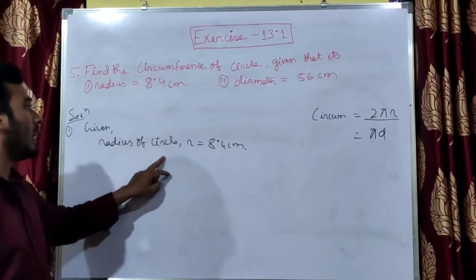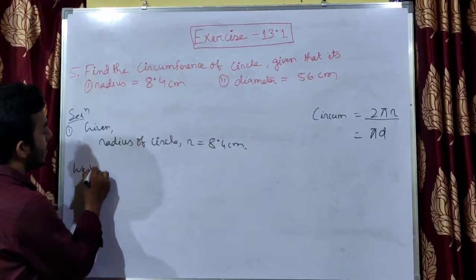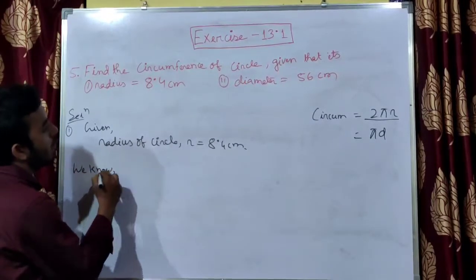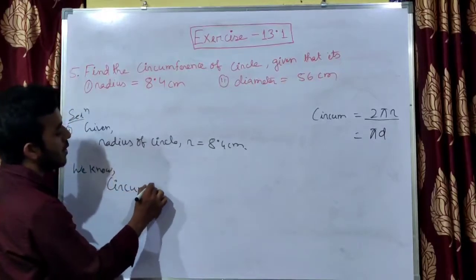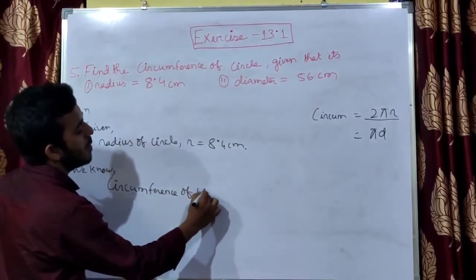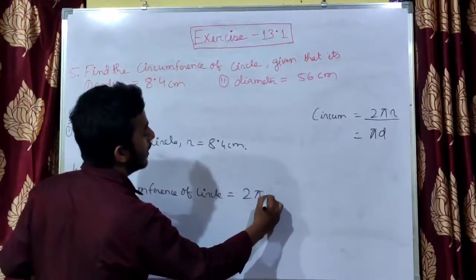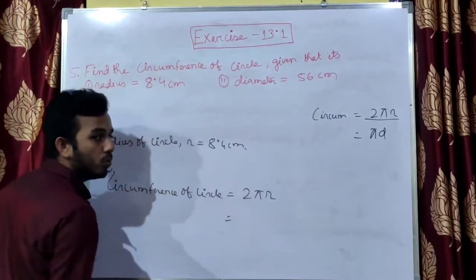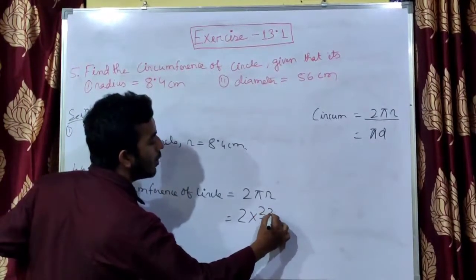So radius of circle r equals 8.4 centimeter. We know circumference of circle equals 2 pi r. In place of 2 we will write 2. In place of pi we will write 22 by 7.